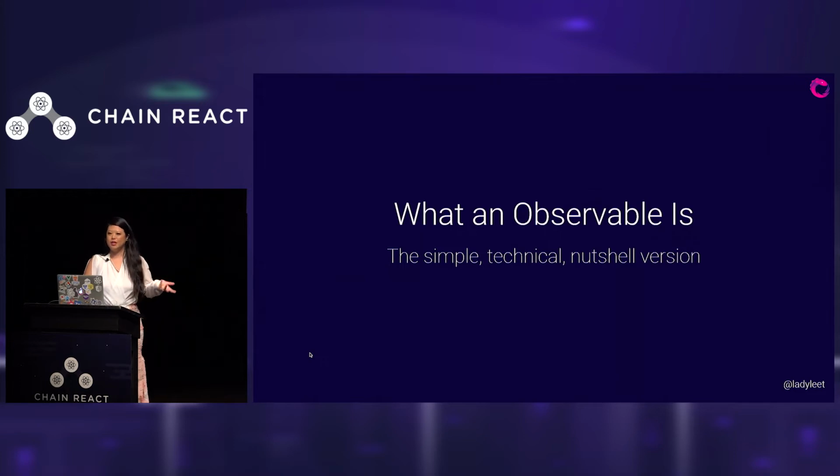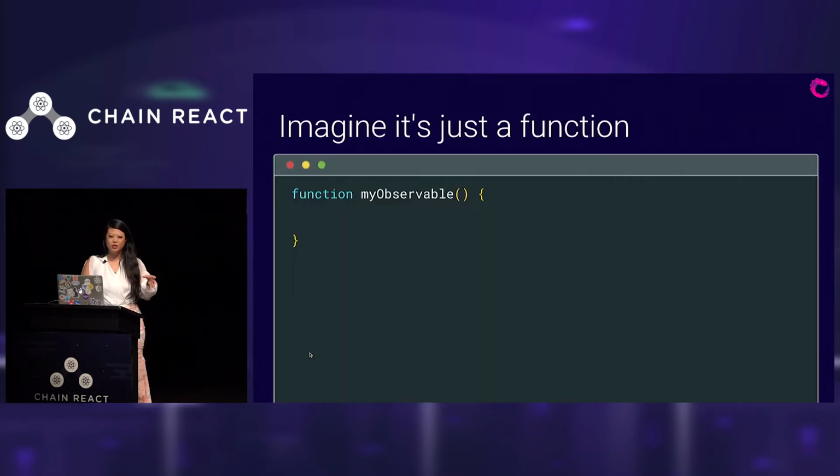Okay, let's talk about what an observable is. There are 3 parts to RxJS: observables, observers, and operators. I'm going to talk really quickly about what an observable is and how observers work with them. Imagine that observables are basically just functions, right? Here we have our imaginary observable represented as a function called myObservable.